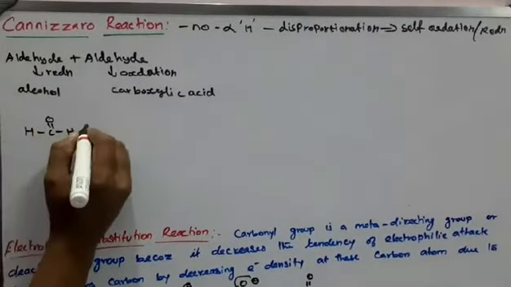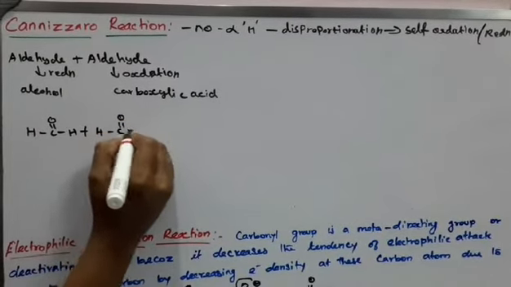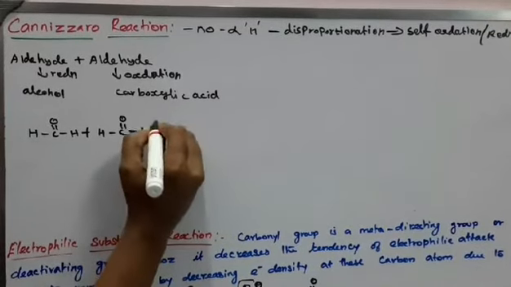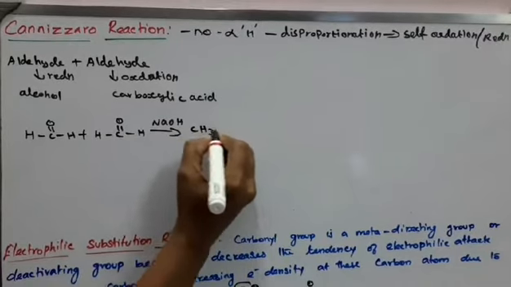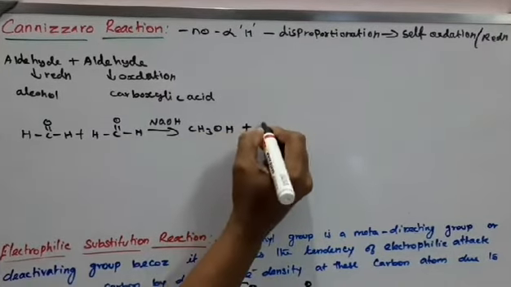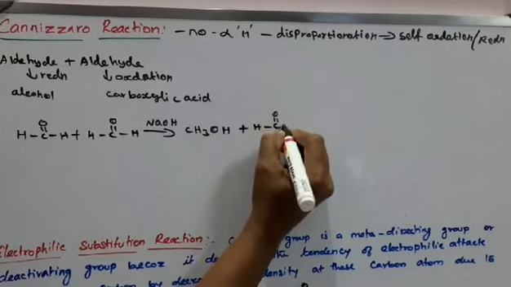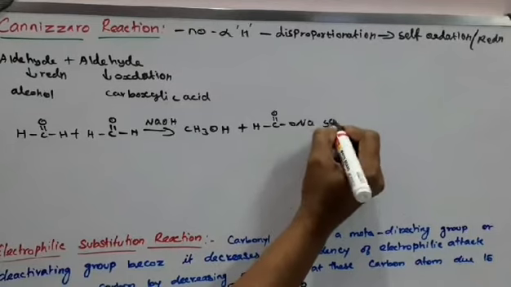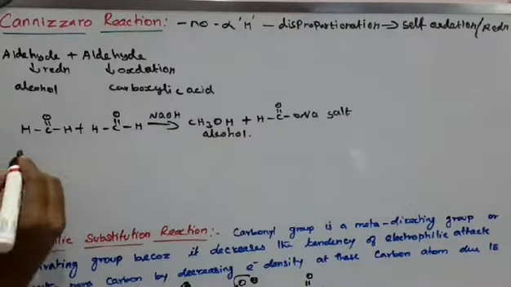Another molecule of formaldehyde is taken. In the presence of sodium hydroxide it forms alcohol, methanol, plus the sodium salt, H C double bond O Na. This is the carboxylic salt, and this is the alcohol.